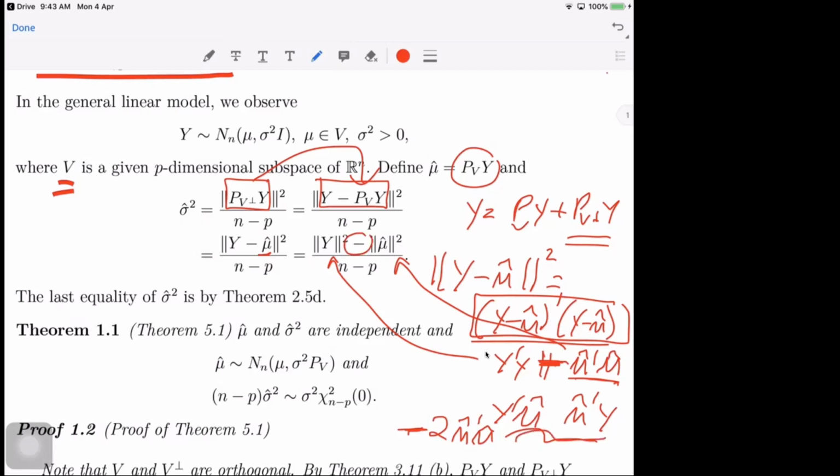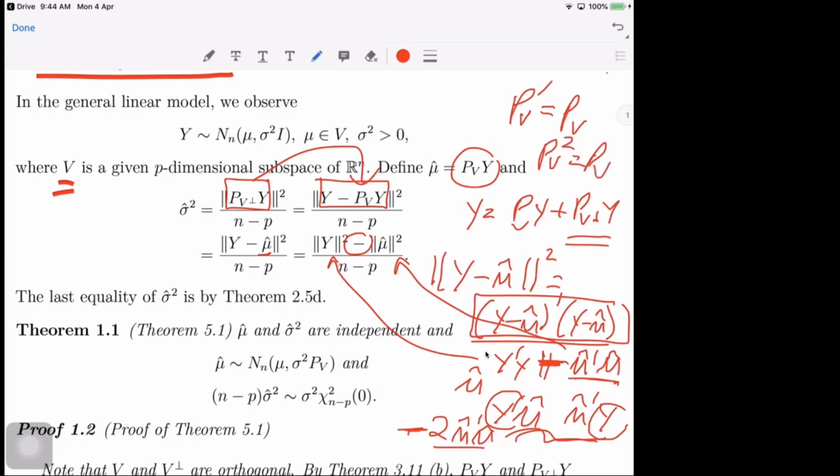So this y here can be expressed as mu hat in terms of projection. Why? Because you can always write the projection onto V, P, and the projection squared is just P. So you can always write that as minus 2 mu hat prime mu hat.